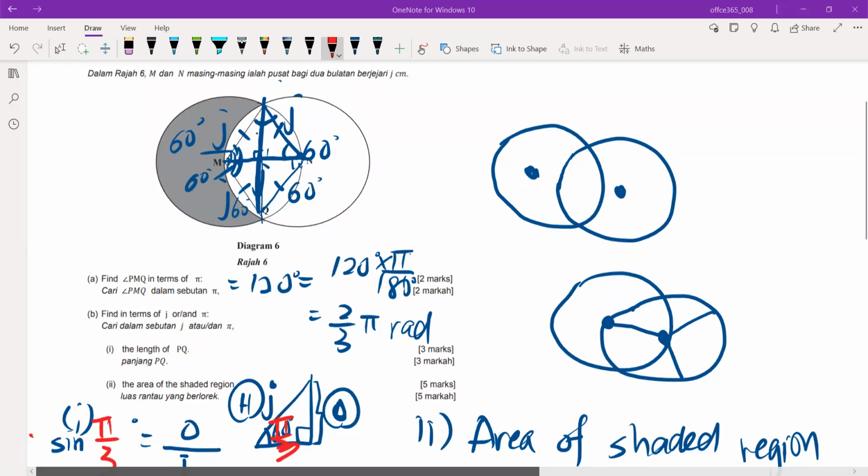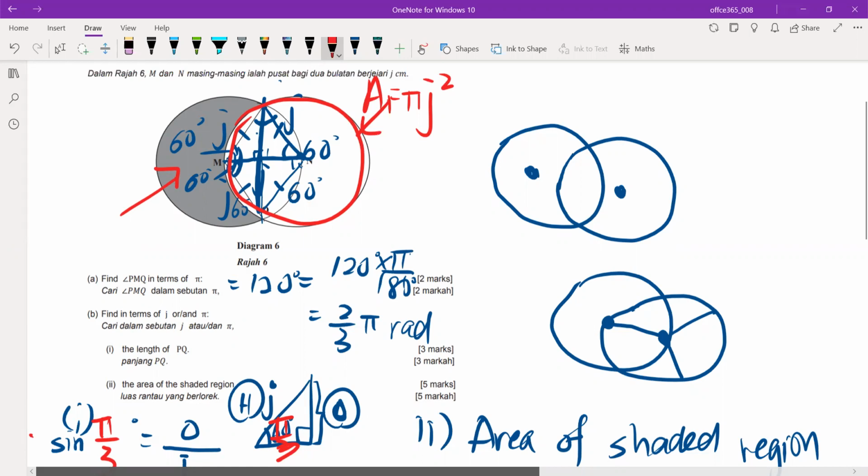So, class, we have 3 areas involved: A1, A2, A3. So I want to solve this area. You have to find this area, which is pi j squared, our A1.